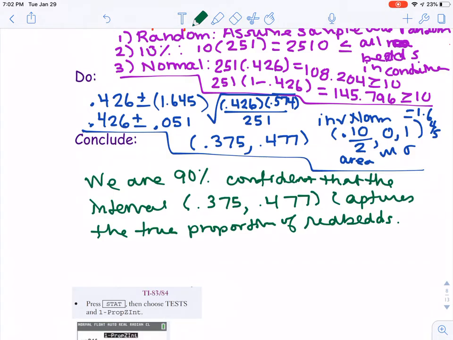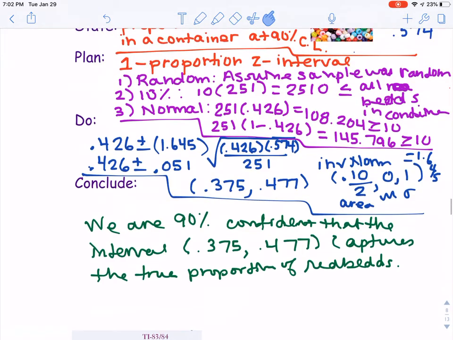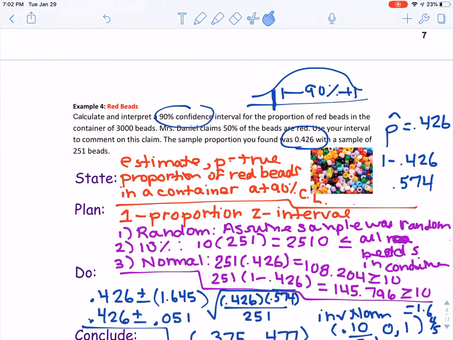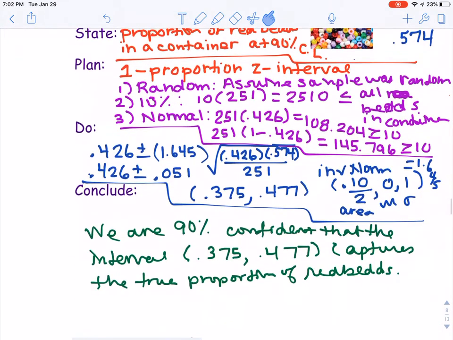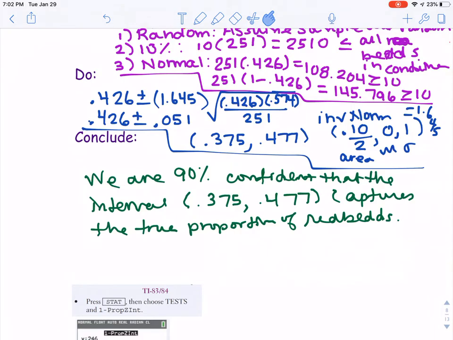Okay. Now, we were supposed to comment on Mrs. Daniels' claim. Her claim was that 50% of the beads are red. So we're going to take a look here and say, well, you know what? If you look at the interval here, 0.5 isn't even in that interval.